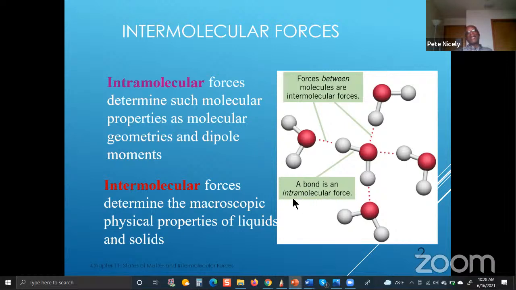That's a bond, and that would be referred to as an intramolecular force because that's a force that exists within a molecule. And then we have what are known as intermolecular forces, which are forces that exist between molecules, such as the force that exists between the hydrogen atom of this water molecule and the oxygen atom of another molecule, all right? So that force is called an intermolecular force, right?